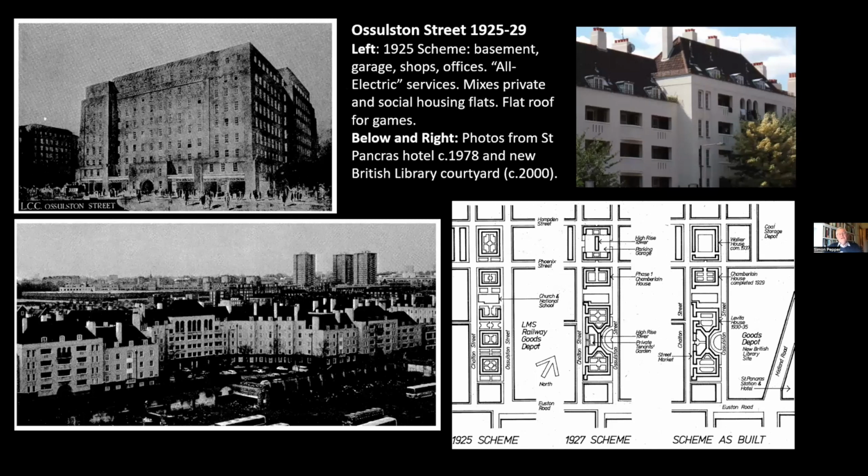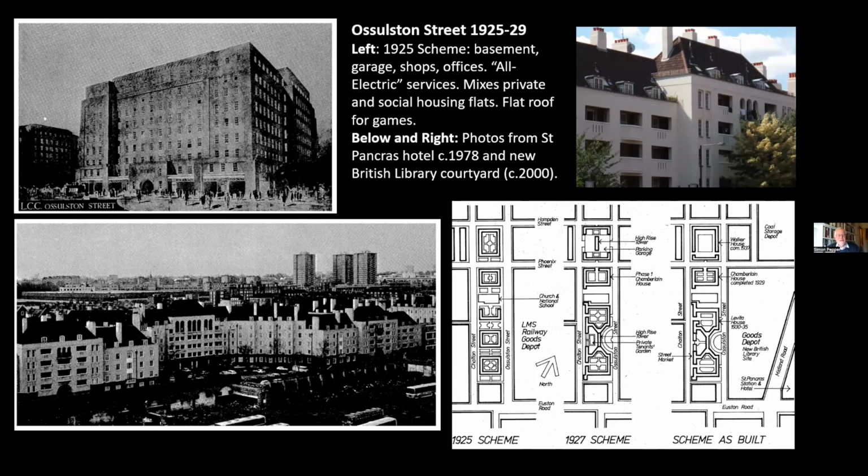The LCC also experimented dramatically with flats, the most interesting of their experiments being these at Ossulston Street, just next door to the British Library, for those of you who know central London. It began with a 9-storey block experiment tried out in 1925.